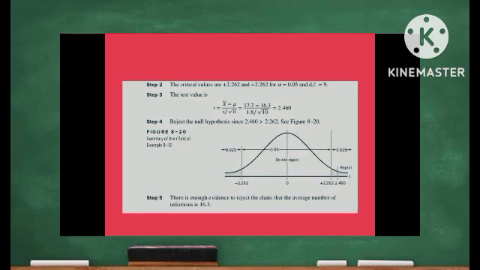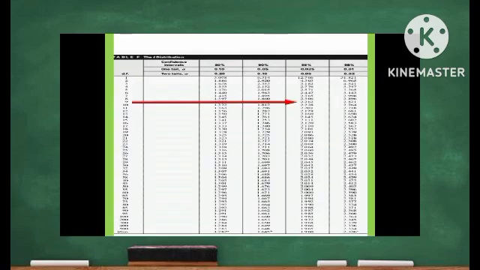And to find our critical value, we need to look at our table. First, we look at our degrees of freedom, 9, and the confidence level. There are two kinds, the one tail and the two tails total.